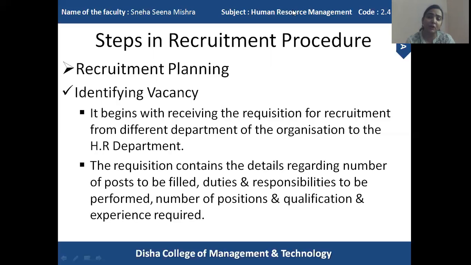How many jobs are vacant, what kind of designation is vacant, how many jobs in each designation are vacant, what are the duties and responsibilities of each job, and what kind of qualifications and experience are required in order to do those jobs. So that is the first element of recruitment planning, and this is the identification of vacancy. First of all, we need to identify the various jobs which are vacant.